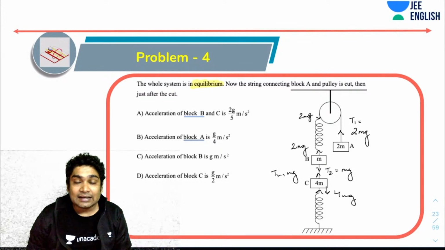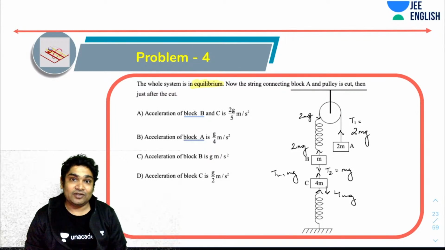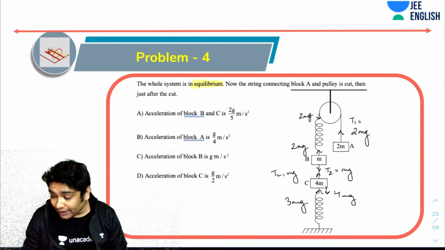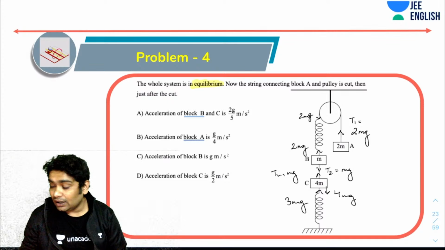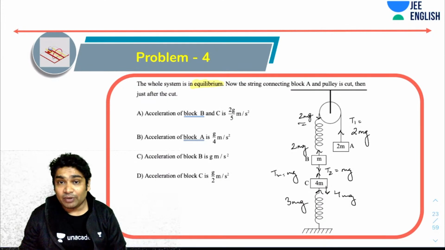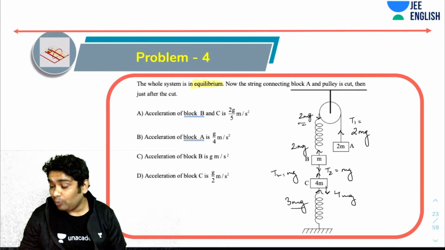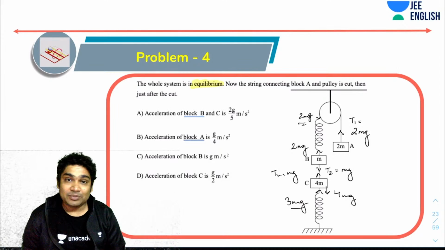Correct. So these are the different forces that I would have seen just before the string was cut. Tension in the first string would have been 2 mg. Tension in this first spring would have been 2 mg again. The tension in the second spring would have been push of 3 mg. This would have pulled by 2 mg, and the tension in this would have been mg.